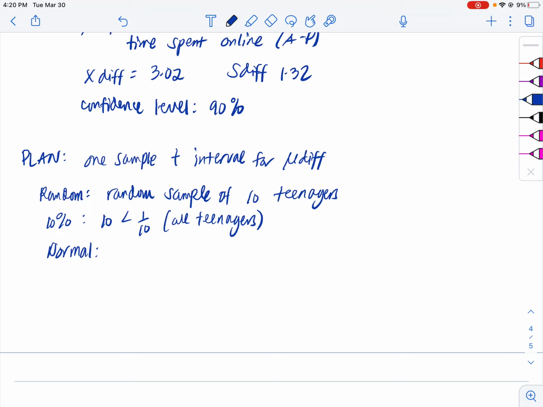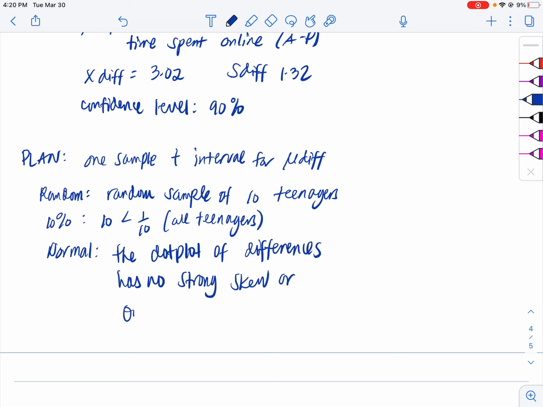It looks like it doesn't have any. That's why the dot plot is needed if our sample is really small. The dot plot of differences has no strong skew or outliers.